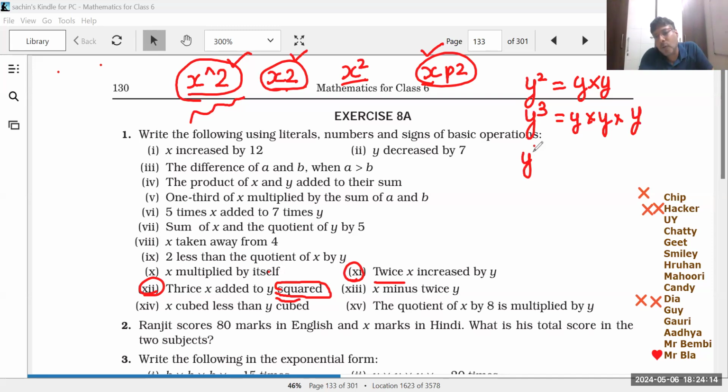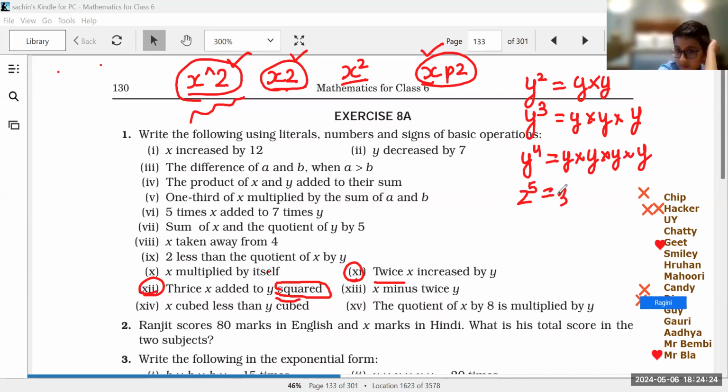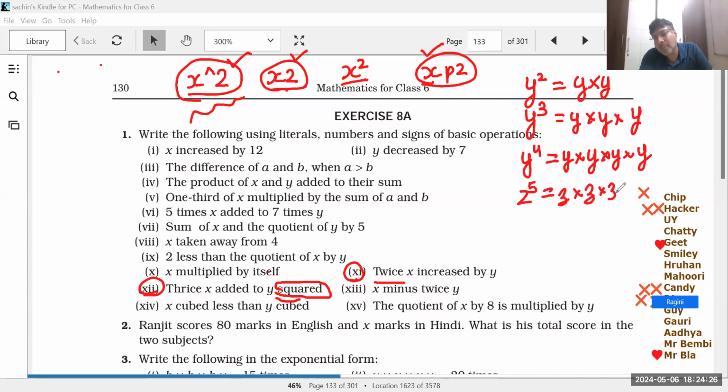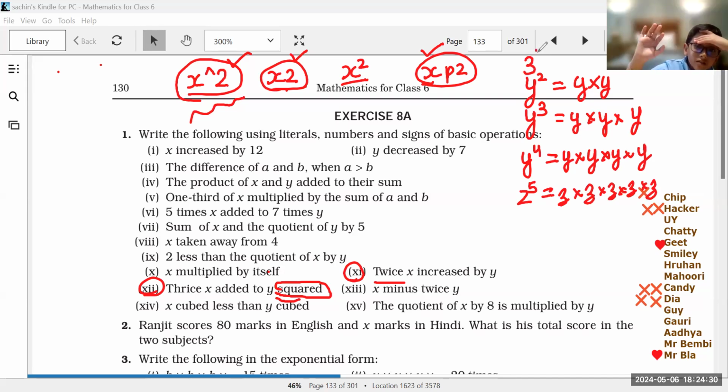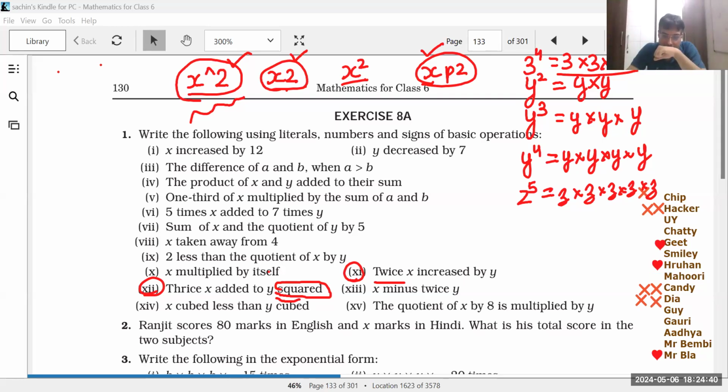Y to the power 4 means y times y times y times y. Z to the power 5 means z times z times z times z times z. 3 to the power 4 means 3 into 3 into 3 into 3. We can go on and on, like 3 to the power 1000 million. Yes, yes.